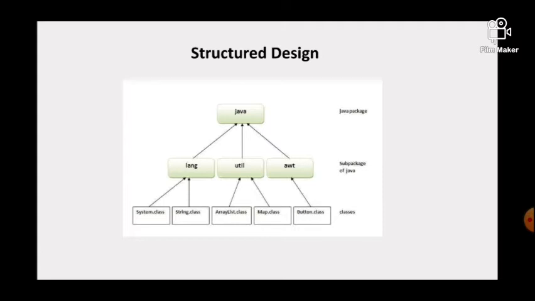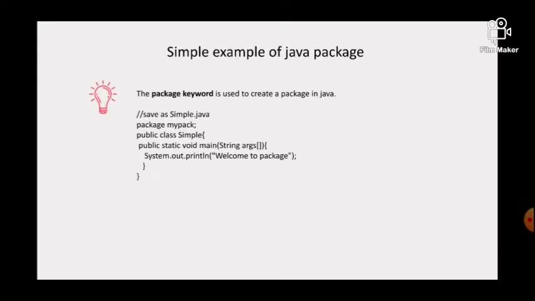When I write a package name, first I write java, then .lang, so lang is a sub package of Java. Sometimes I write java.util, so util is a sub package of Java, as you see in this figure. Then we call the class name, for example the Scanner class, as you will see later in an example.